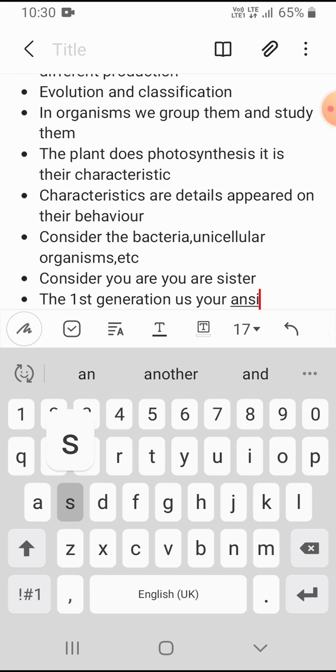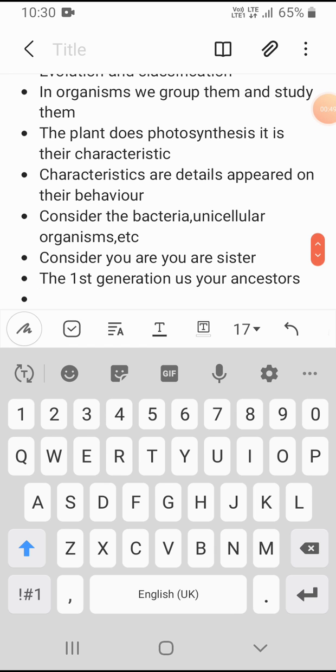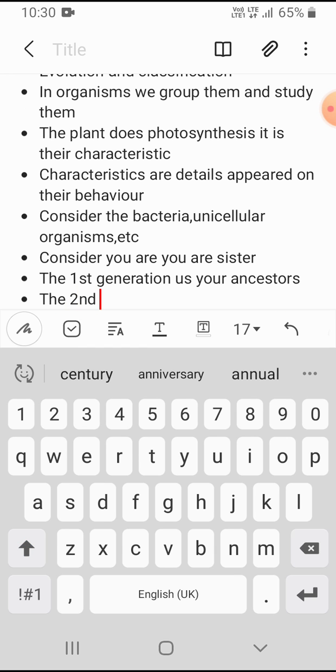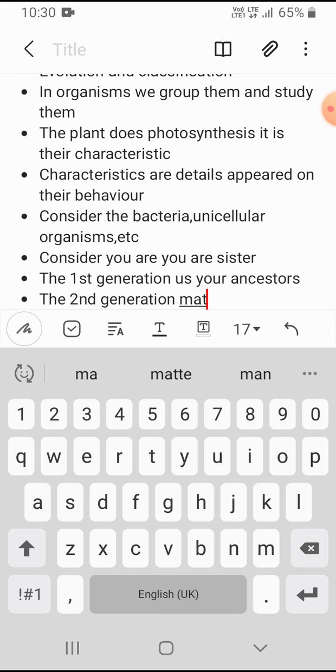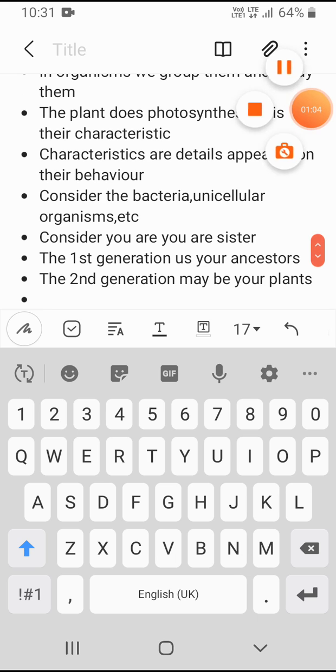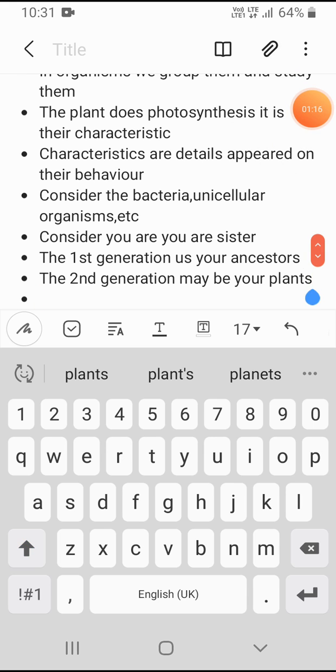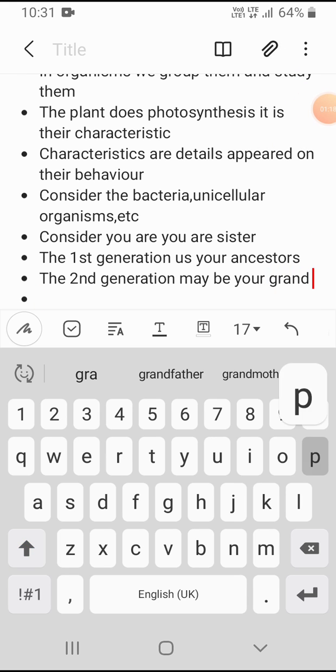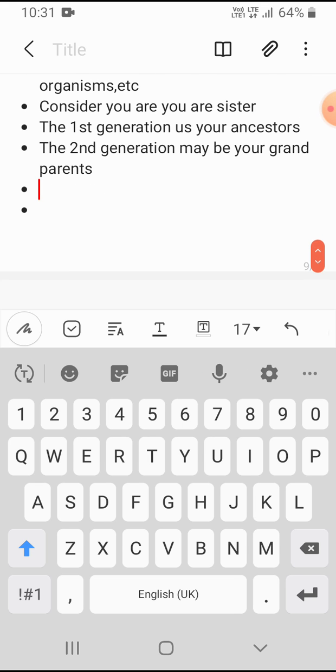Your ancestors are your first generation, and the second generation may be your parents, cousins, sisters, etc. Your grandparents may be your second generation, because they come after your ancestors.